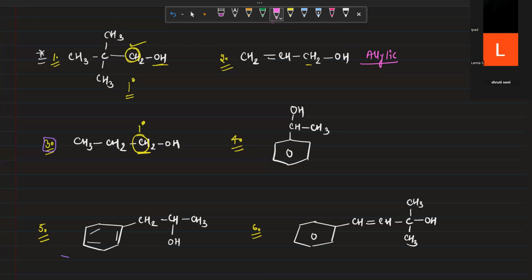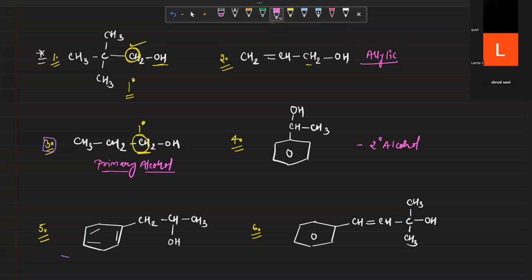Then for the fourth question. Let's see. Oh, okay. Directly attached to the functional group, right? So one, two. I think it would be two here. Okay, 2 degree, secondary. Is it allylic or vinylic?